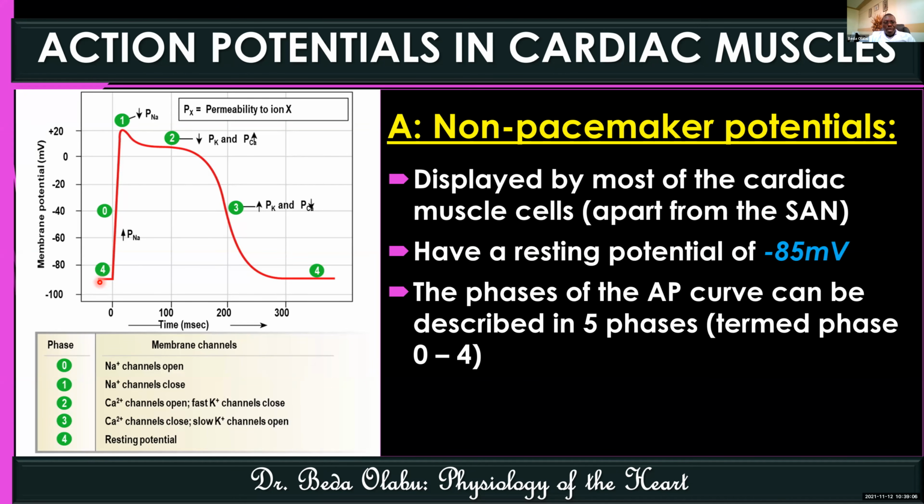And so those 4 parameters maintain the resting membrane potential at a polarized state, which in neurons will be negative 70 millivolts, but in cardiac musculature, the non-pacemaker, it will be negative 85. Perhaps in skeletal muscles, negative 90.